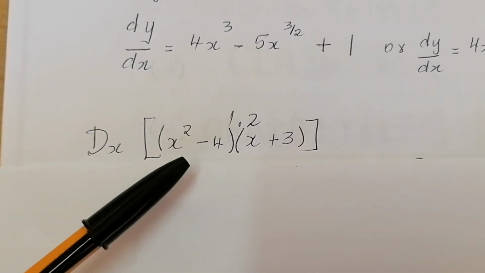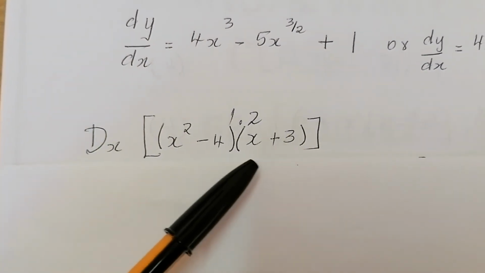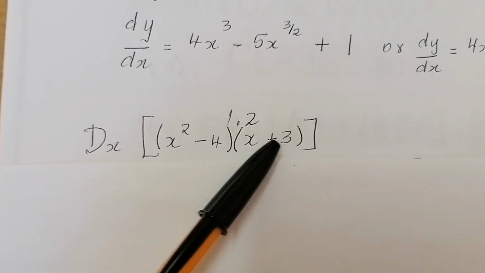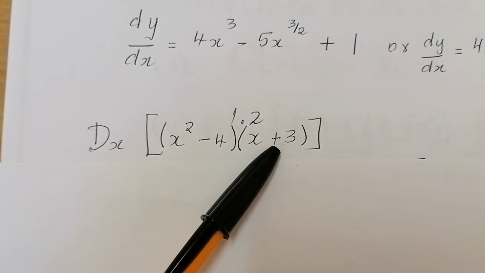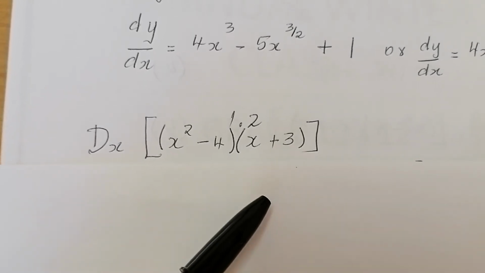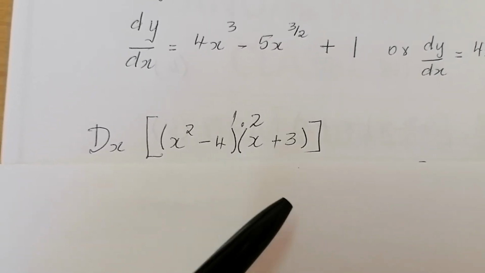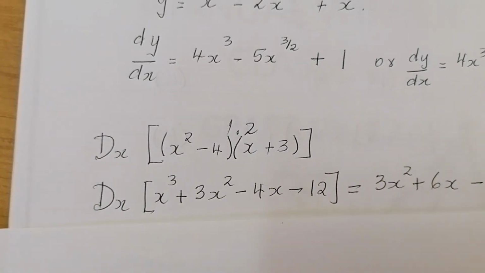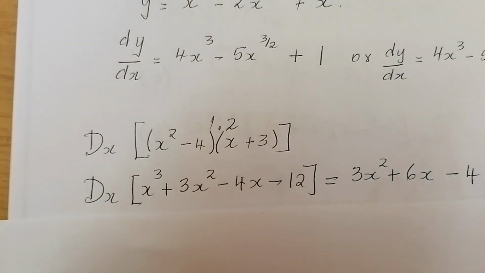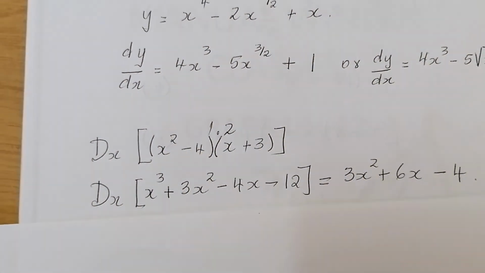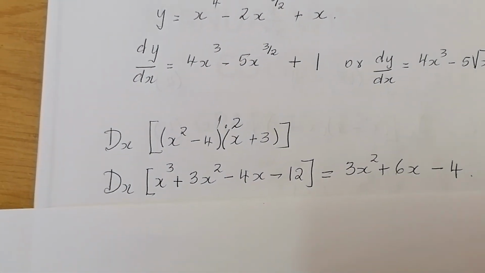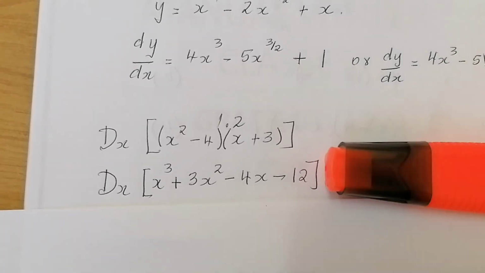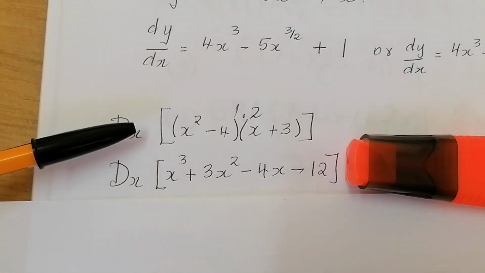Now, you need to remember that before you differentiate, if you have more than one bracket and you are multiplying, you need to find the product first, which is what I'm going to do here. Now, I want you to forget about this side a bit. Let's put that there. Now, we multiply.